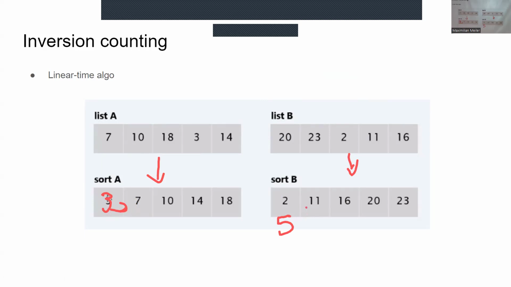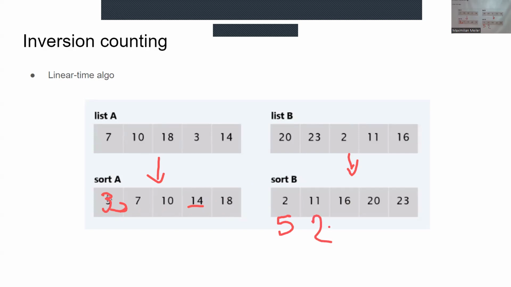The 7 does not have an issue with this 11. They're in proper order. The 10 is fine. The 10 is before the 11, which is correct. This 14 is not properly placed because it's greater than the 11. And likewise, because 18 is greater than the 14, to the right, we also know that the 18 is inverted with respect to the 11.